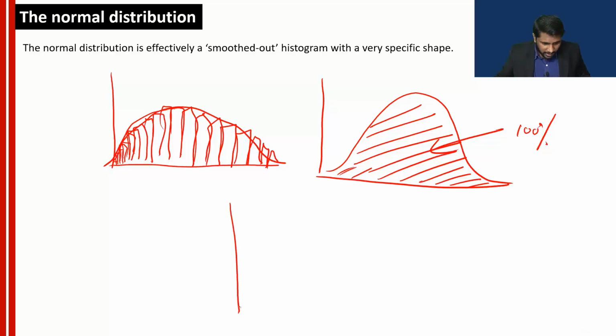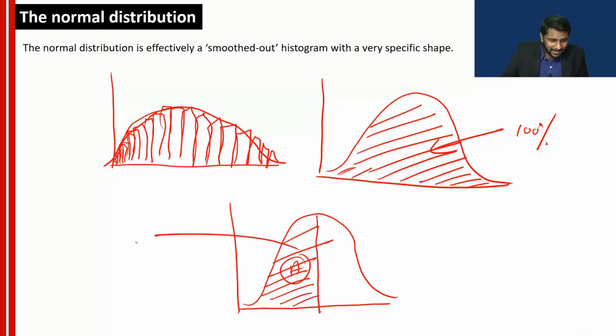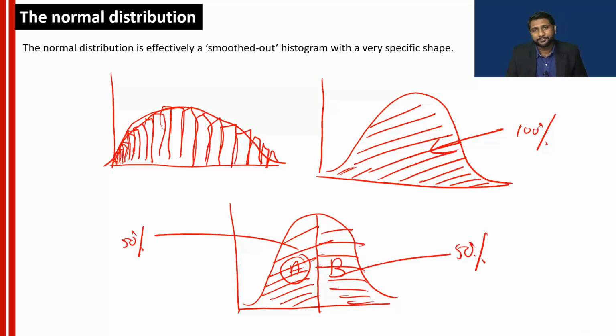Another thing you have to remember is that the bell curve is symmetrical. So if the entire area is 100% and it is symmetrical, how much is this particular part, the A part? It is 50%. Then how much is the right side part, the B part? It is 50%.